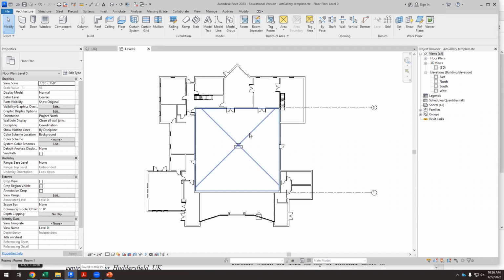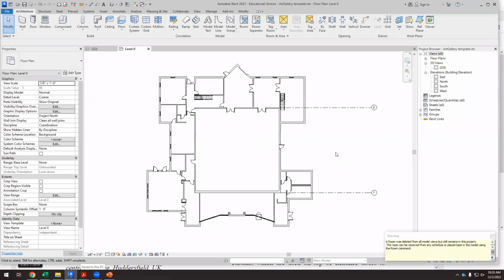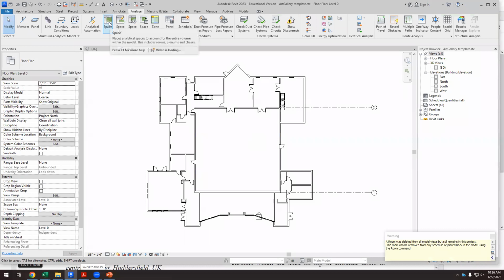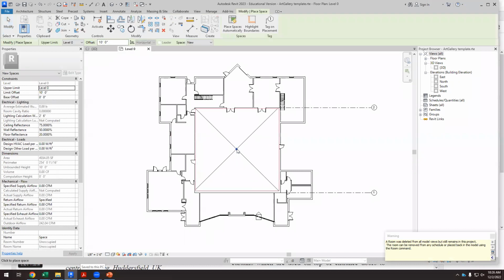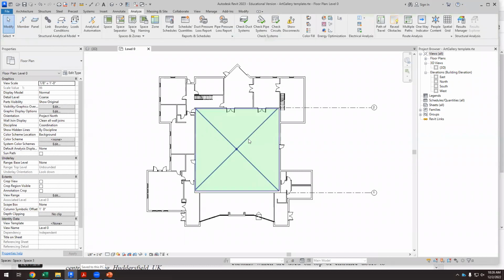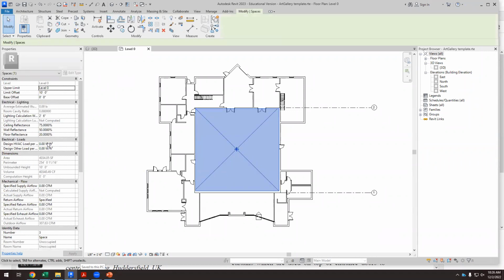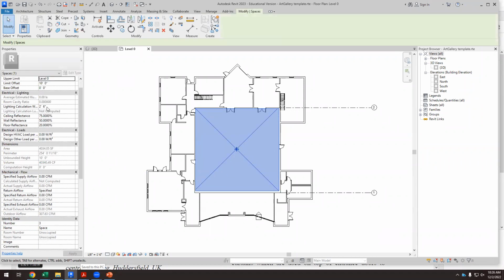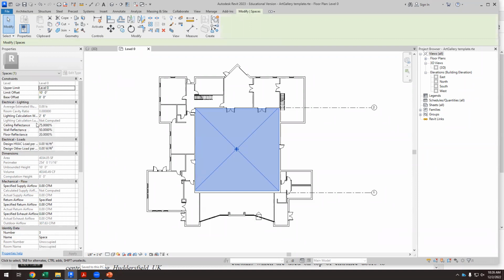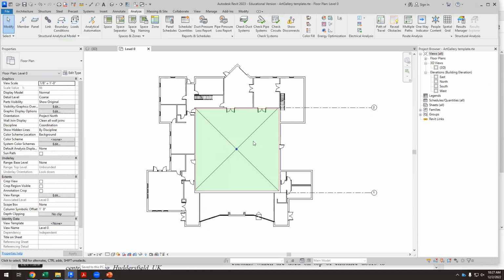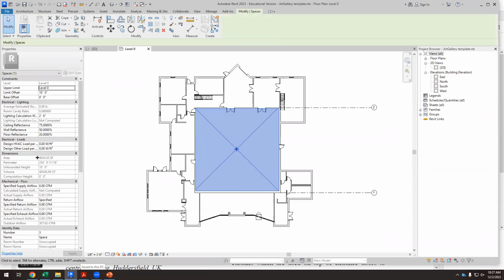For example, if I remove this room and I work with spaces, I can type here analyze, and then I can select spaces. So that space, if I select it, the area should be the same. Okay, the area is 4,034 square feet, so the area is the same.